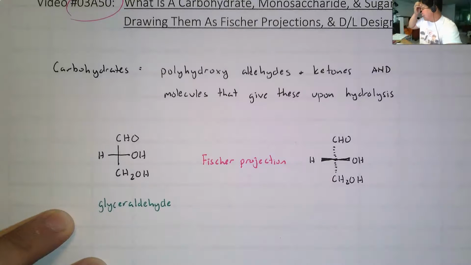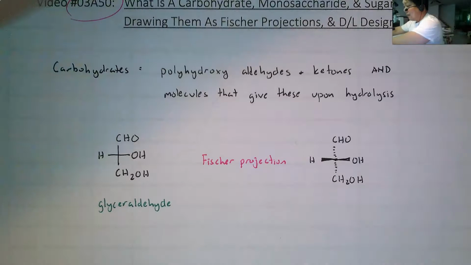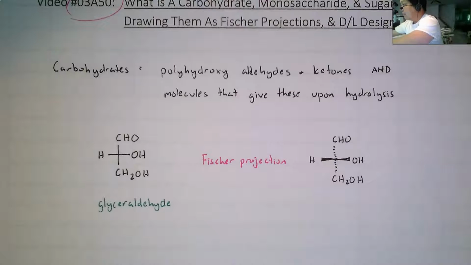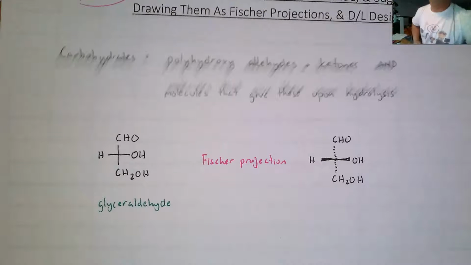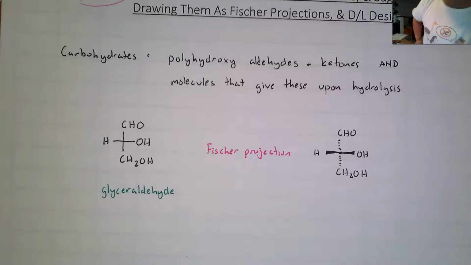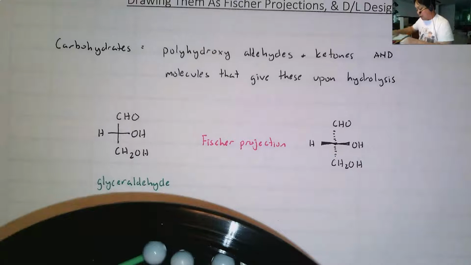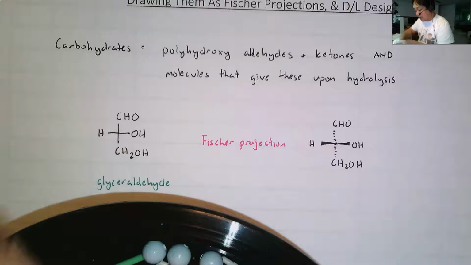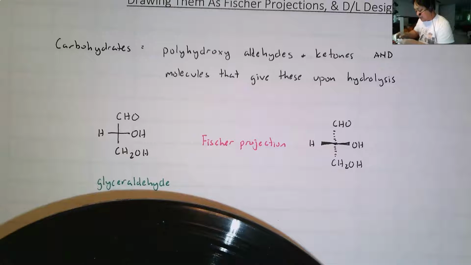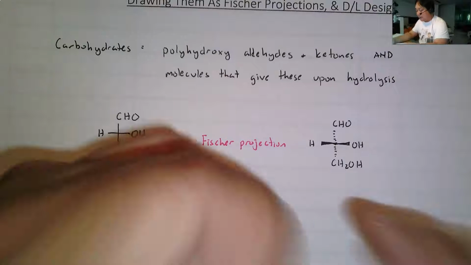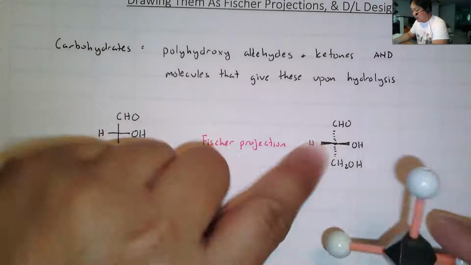You could take your tetrahedral carbon. Normally when you draw a tetrahedral carbon, you have one wedge, one dash, and two lines. But you could still show this kind of drawing with two wedges and two dashes by holding your molecule like this. I don't have the groups, but I do have the tetrahedral carbon.